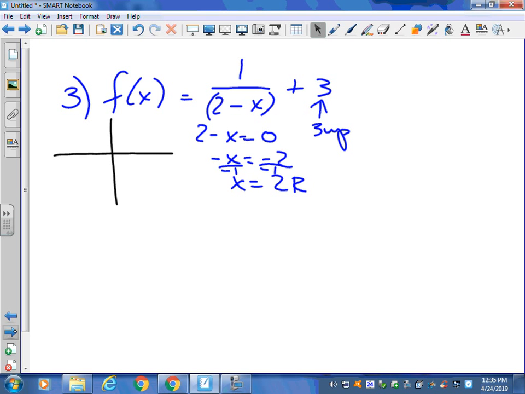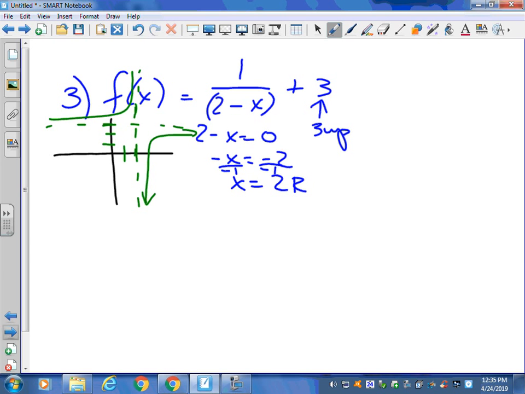Did it change that I went to the right? Look at your graph. Does it still look like the graph went to the right and 3 up? What switched? Is it this way? So putting a negative on x makes it go over the y-axis, which is what we learned back when we first started doing this.